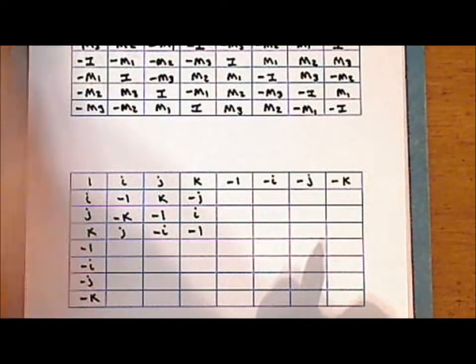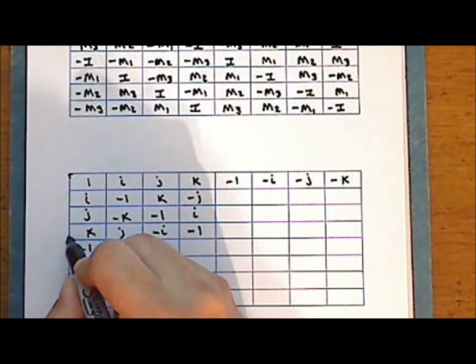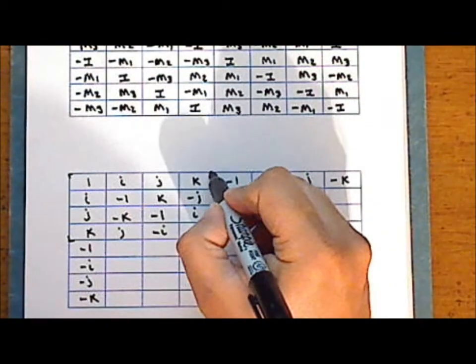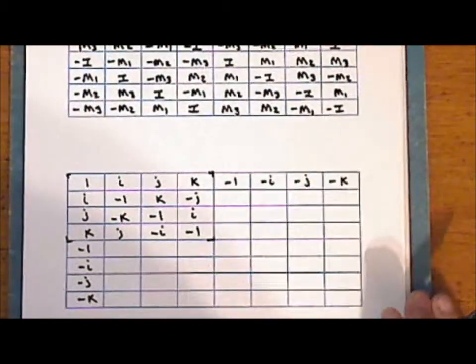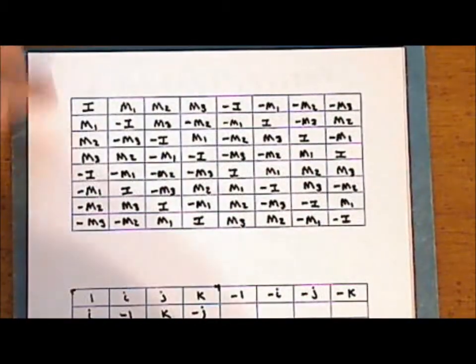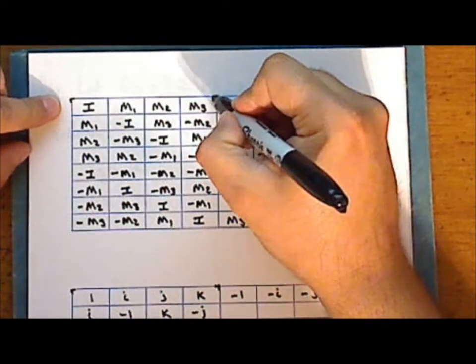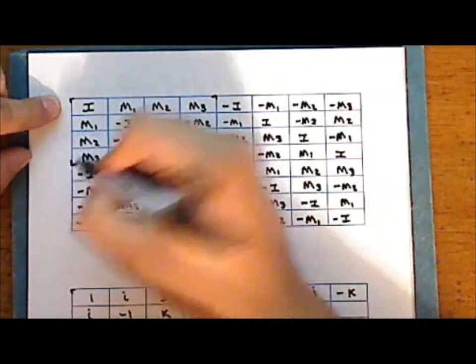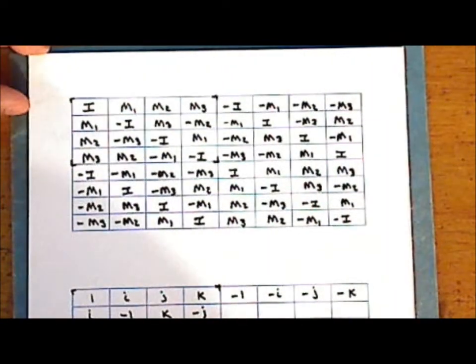So before we continue, notice that this 4 by 4 submatrix is identical to the 4 by 4 submatrix for the set M under multiplication.